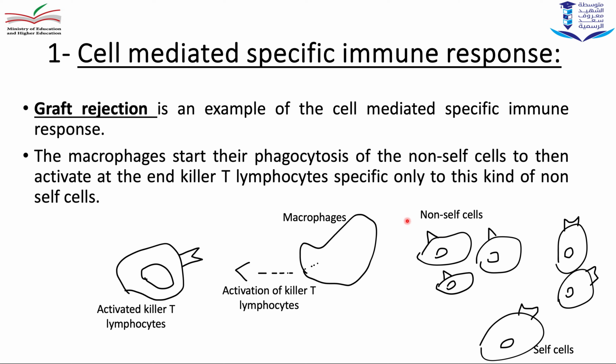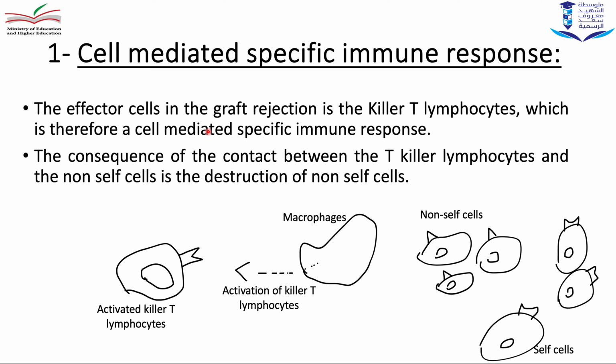So the first step is phagocytosis of the antigen. The next step is activation of the killer T lymphocytes, and at the end the activated killer T lymphocytes bind on the non-self cells to lead to their destruction.